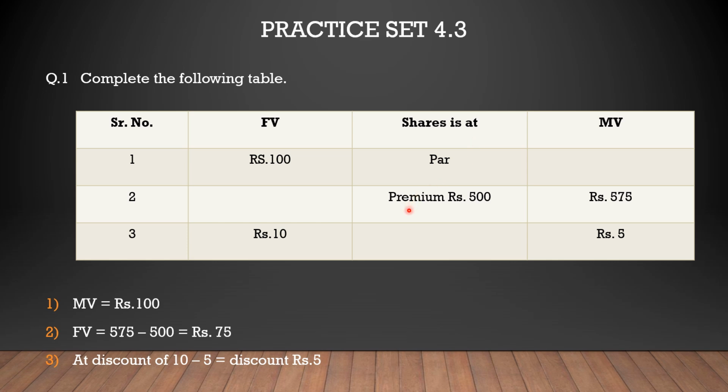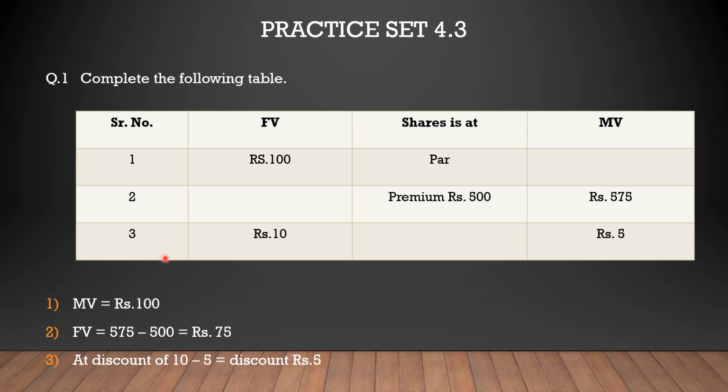Shares at premium means MV is greater than FV. So FV is equal to MV minus premium. So MV is 575 minus 500, which is equal to rupees 75. So the value of FV is equal to 75.